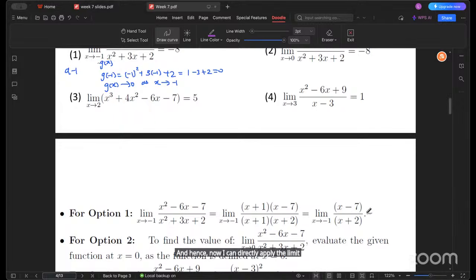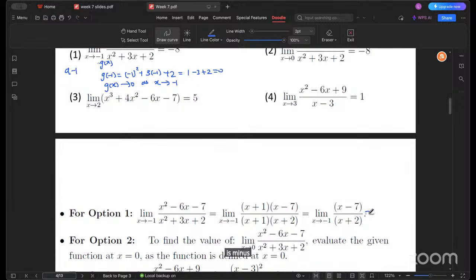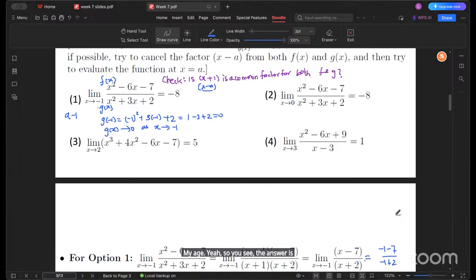So if I directly apply the limit, what is my answer? It's minus 8 over minus 1 plus 2, so it is minus 8. So you see the answer is minus 8 and that is the given value of this limit. So this is correct.